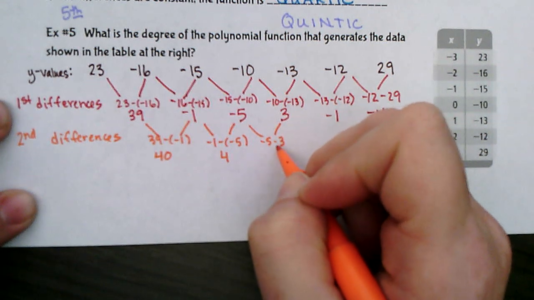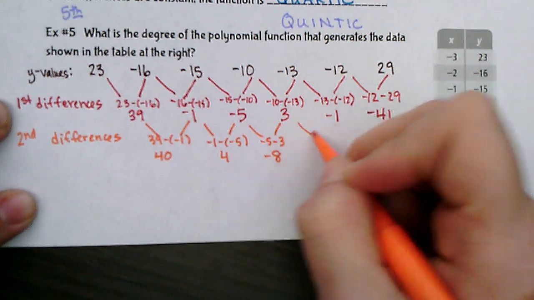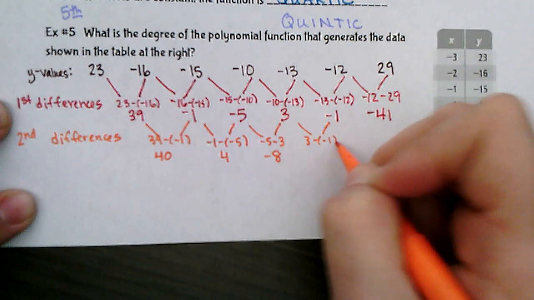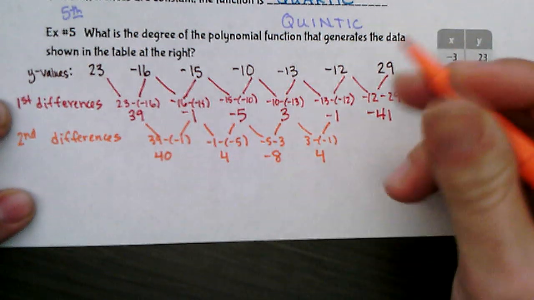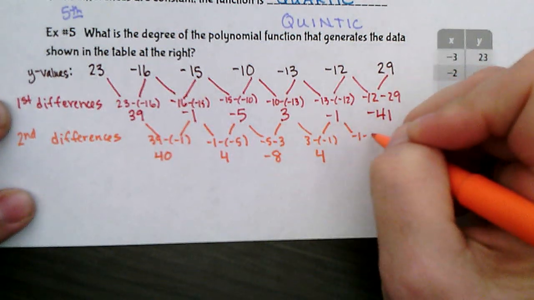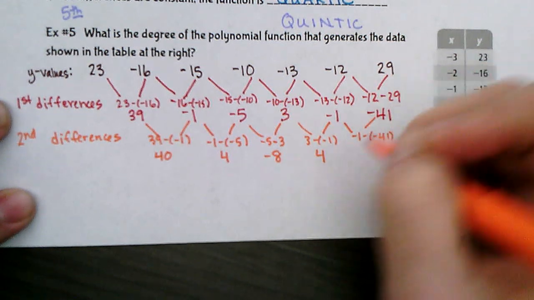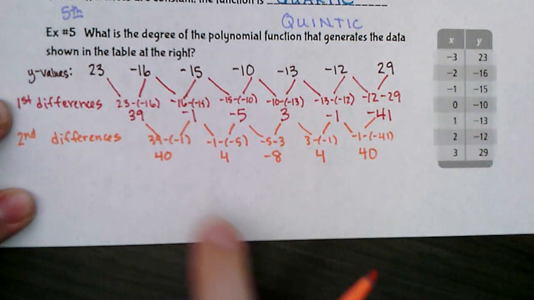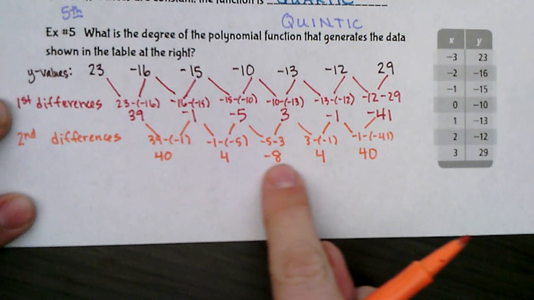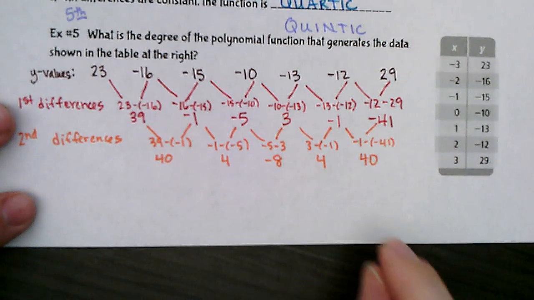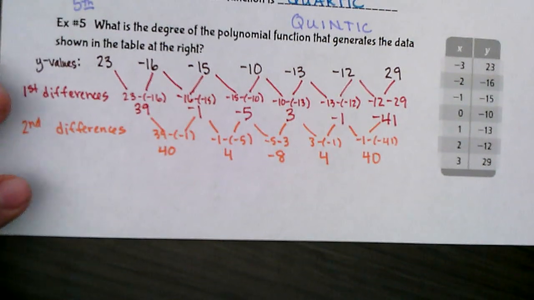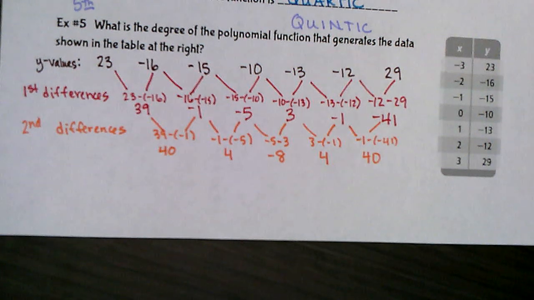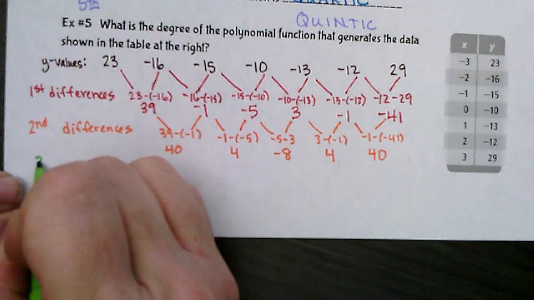Negative 5 minus 3, so negative 8. 3 minus negative 1, which is 4. Negative 1 minus negative 41, which makes 40. We look at our second differences, and since they are not the same, that means it is not quadratic. So we move on to the third differences.